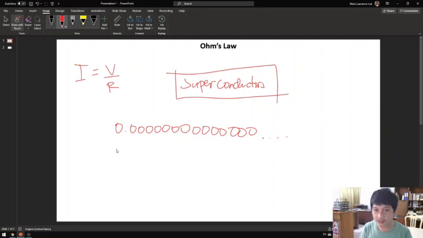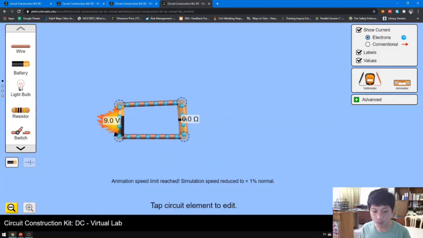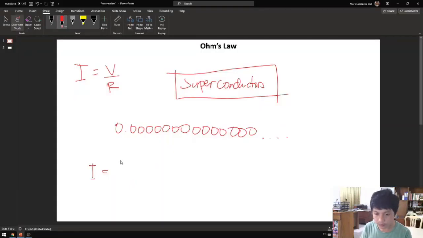Let's say the battery has 9 volts, and we have a resistance equivalent to 0, but this is not really a real 0. We can say that this is 0.00000000001.